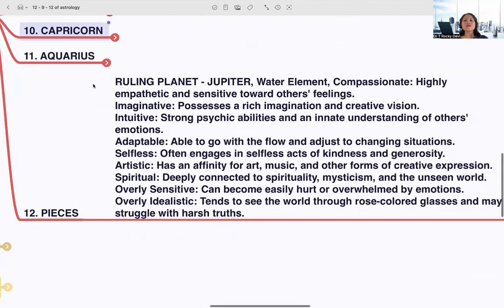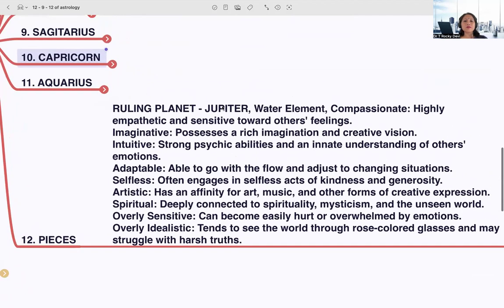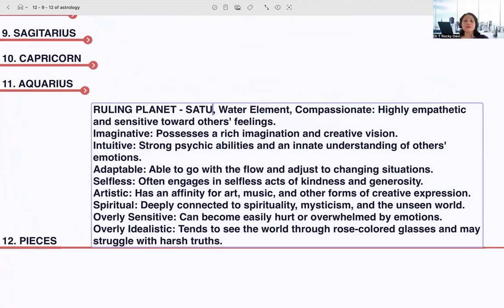The next one is what we call Aquarius. The ruling planet is, sorry, the ruling planet is not Jupiter, it's Saturn. Aquarius ruling planet is Saturn, which is also a water element, Aquarius. They are compassionate, highly empathetic, and sensitive towards others' feelings.